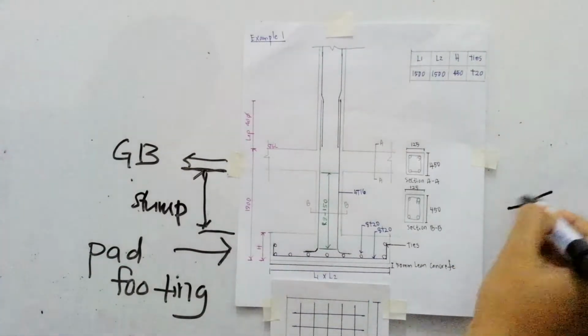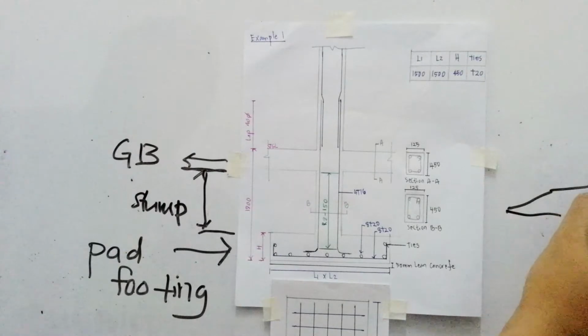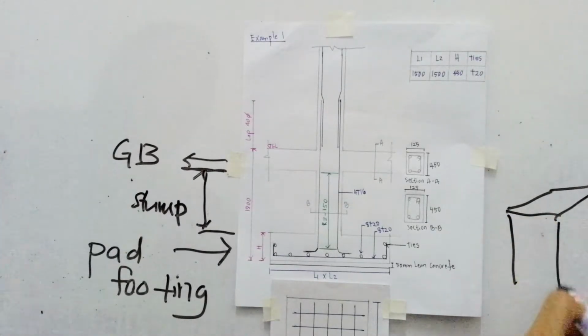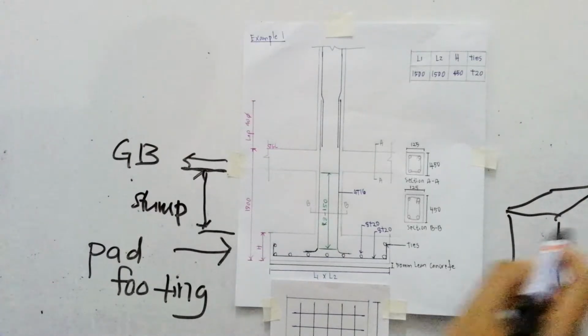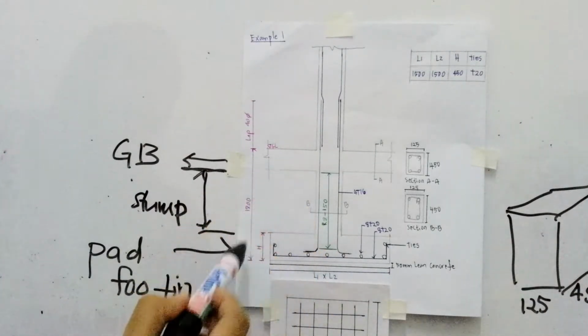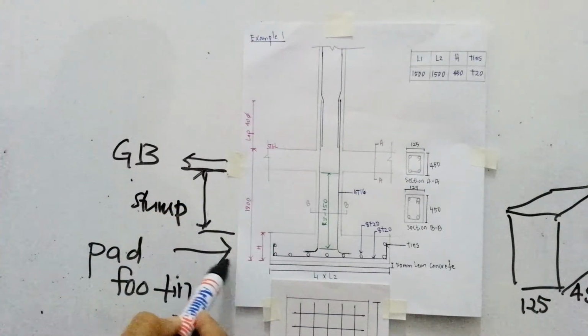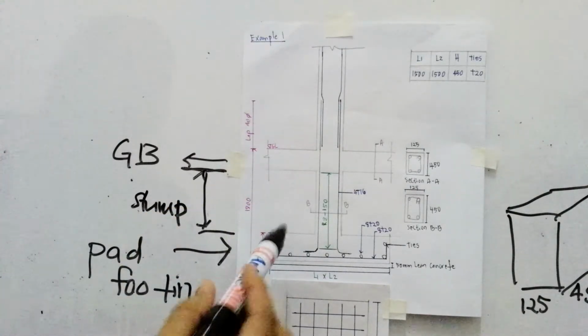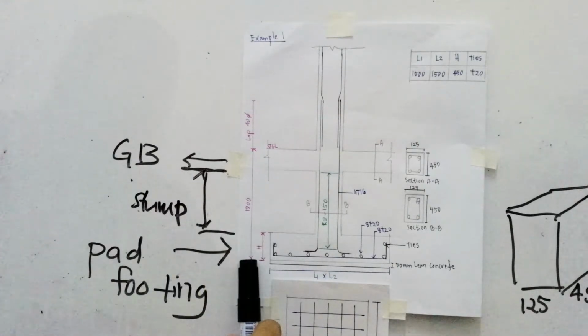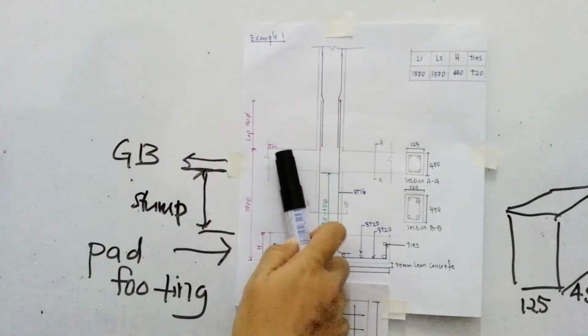So this is your section of your stump, which is a vertical structure. The size is 125/450, and the height you can get from this. 1.8 is from the bottom of your pad footing until your top ground level.